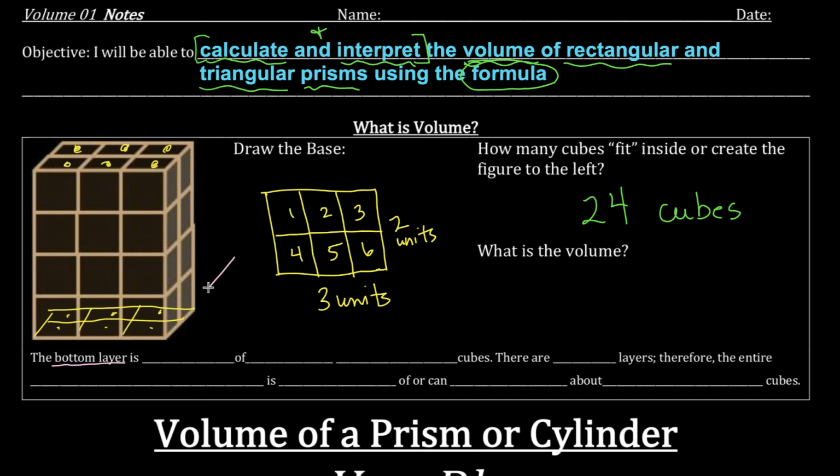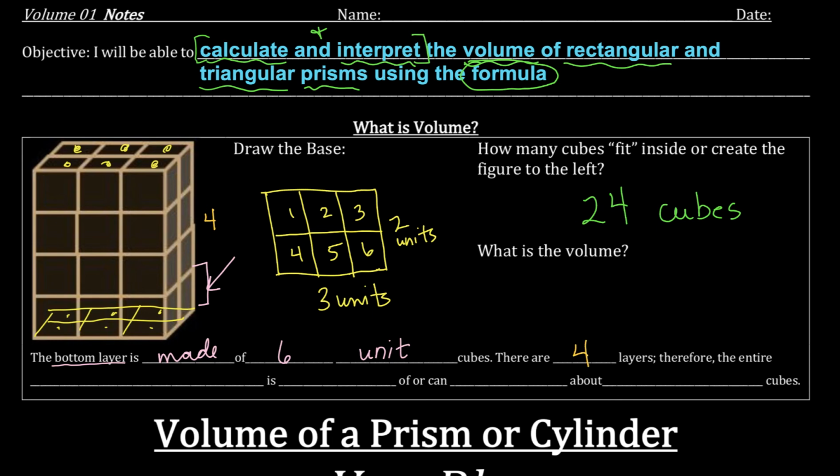I'm going to point to the bottom layer. This section, 1, 2, 3, 4, 5, 6, is made of 6 unit cubes. We don't know if they're centimeters or whatever, but they're unit cubes. And there are, let's do this one orange, 4 layers. 1, 2, 3, 4, like the height. There are 4 layers.